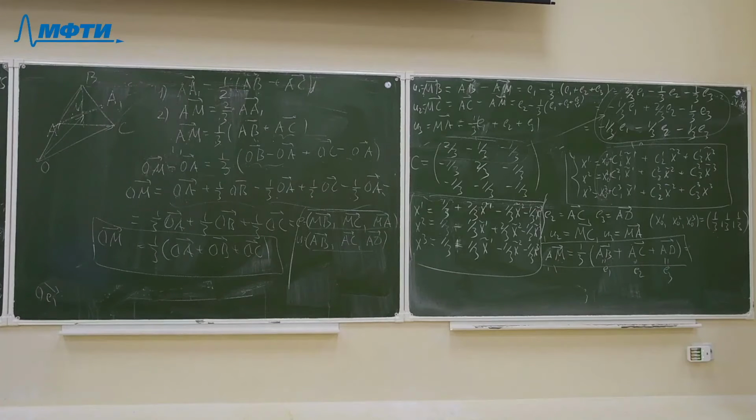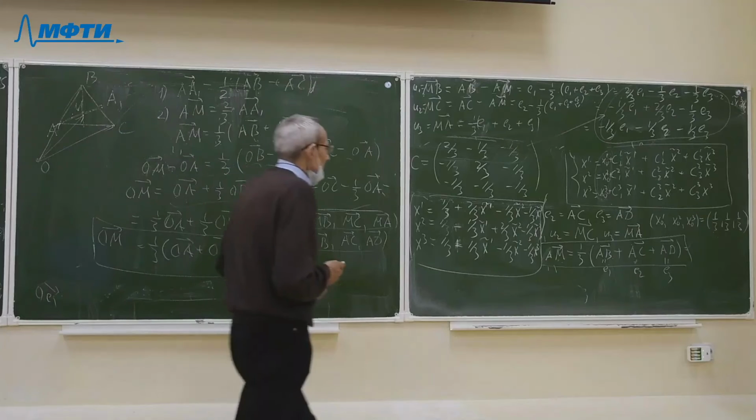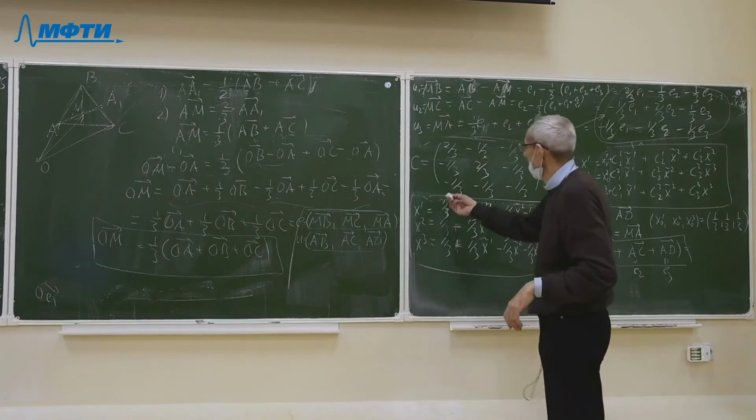As a rule, what mistake is there in this problem? As a rule, a mistake in the calculation.